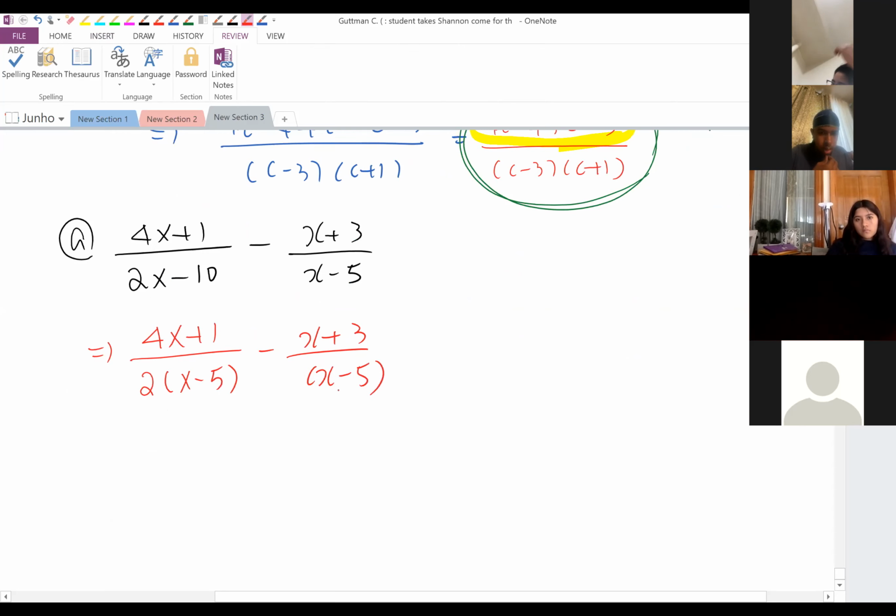Okay. Then do you see common denominator here? So in this case, 2 times x minus 5, and this one only x minus 5. So easier way to do, please highlight common factor on each fraction.